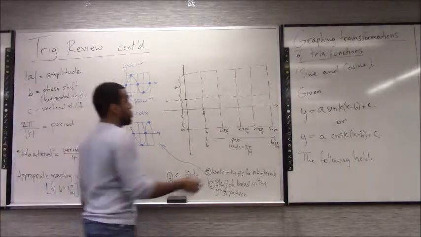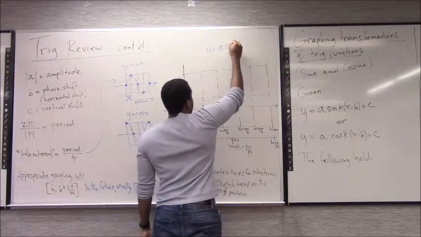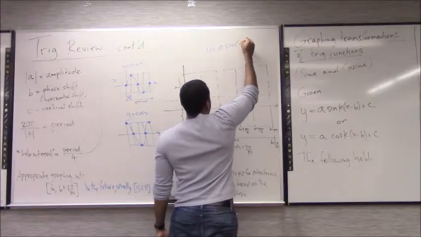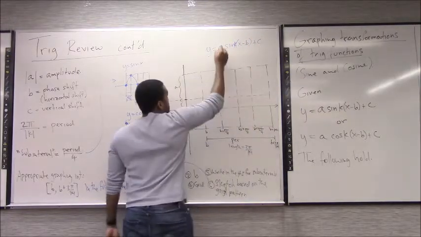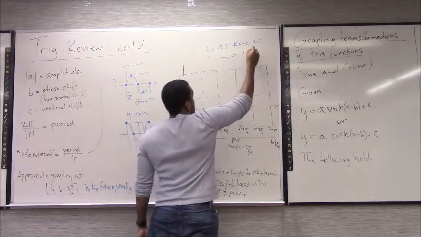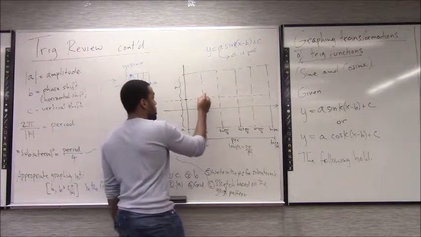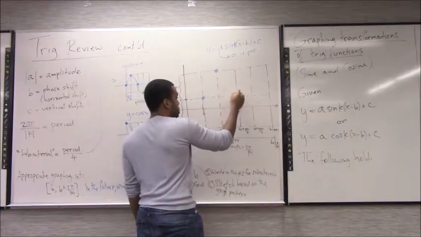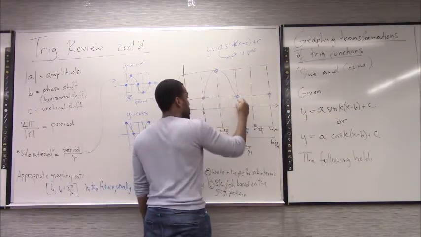So let's say, for example, I knew this was y equals a sine of (x minus b) plus c, and where my a is positive. I know after I construct this grid, I'm going to start here, go up, go to the middle, go down, go to the middle, and my graph would end up looking like this.